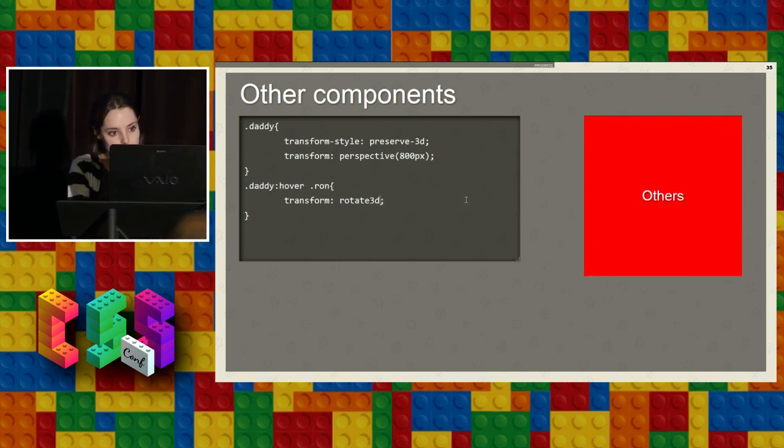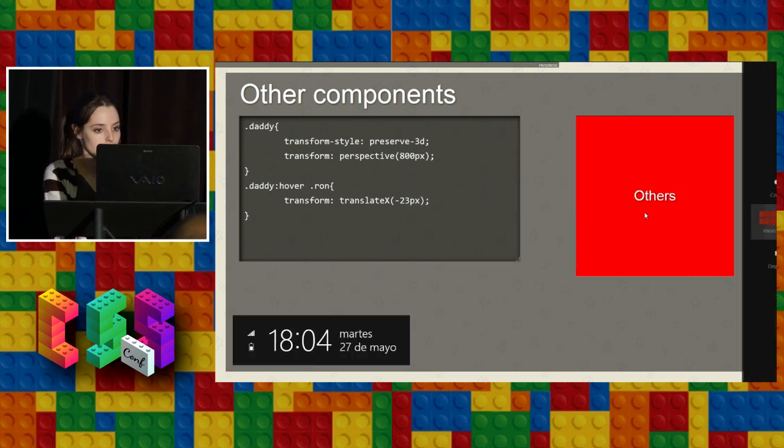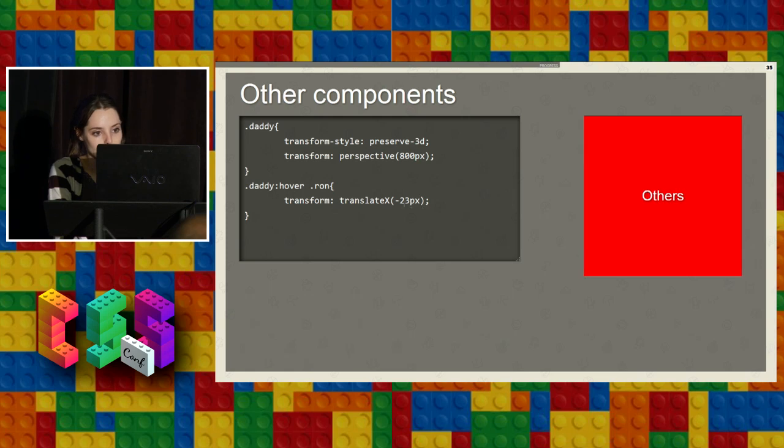So besides rotate3d, we also get translate. And translate can also be used in X or in Y. It simply translates the element. If we put a negative value, it will go this way. And if we put a positive value, it will go the other way.